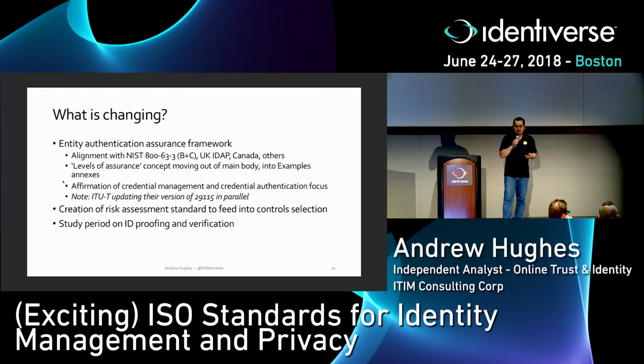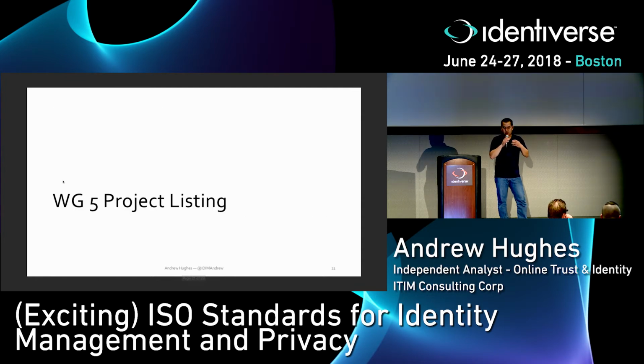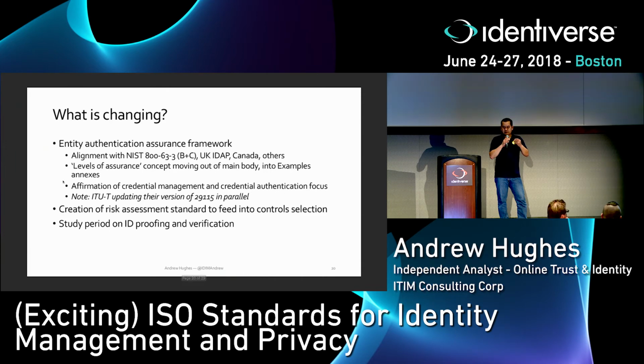So a simultaneous update. There will be parallels. They won't be exactly the same. The users of the standards from different standards bodies have different scopes, different responsibilities. So it's important to have mapping and equivalence between the standards bodies for the critical standards like this one.